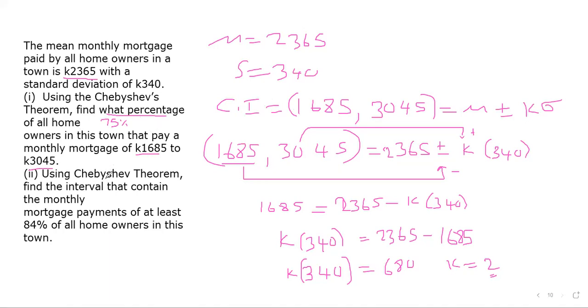using Chebychev's rule, find the interval that monthly mortgage payments will be at least 84% of all homeowners. Firstly, let's understand what K is equivalent to 84%. We know 1 minus 1 over K squared is equal to 84%.